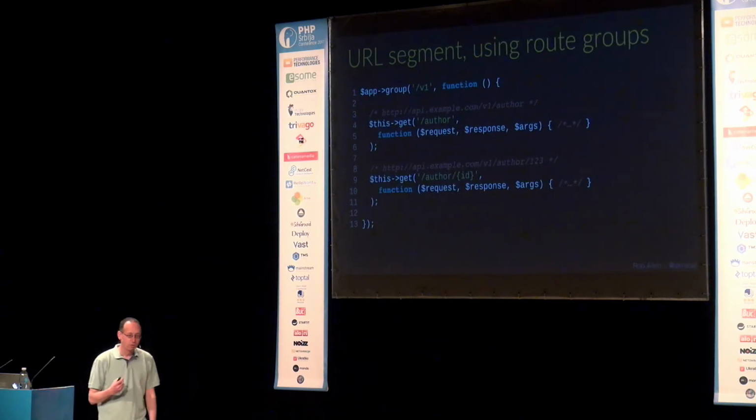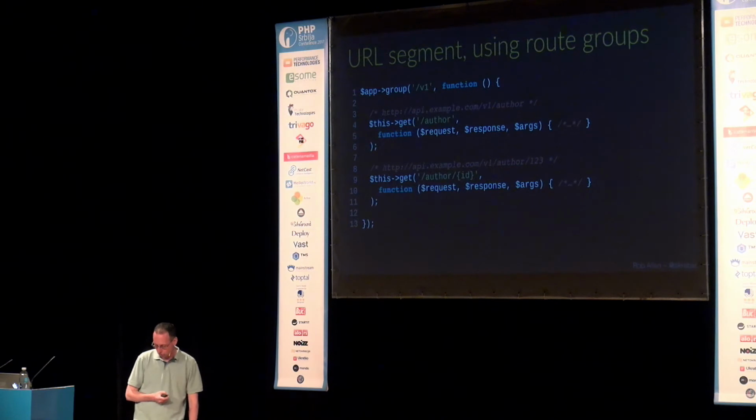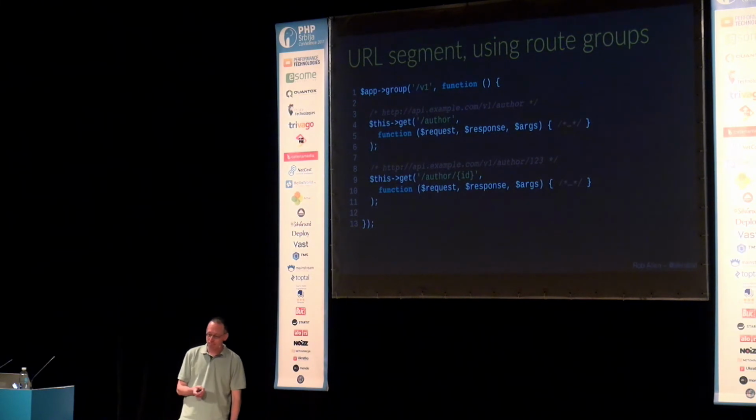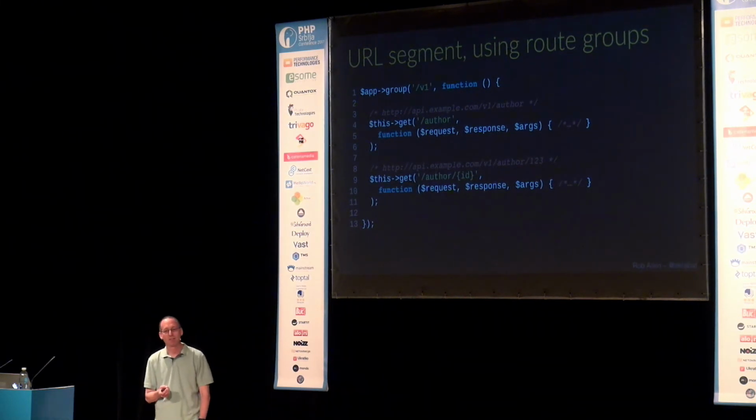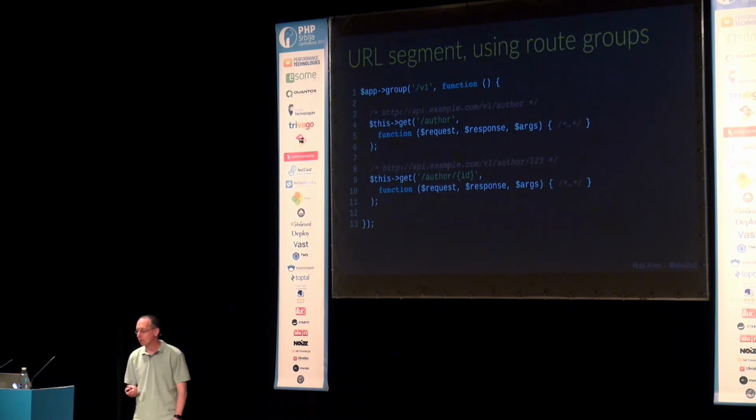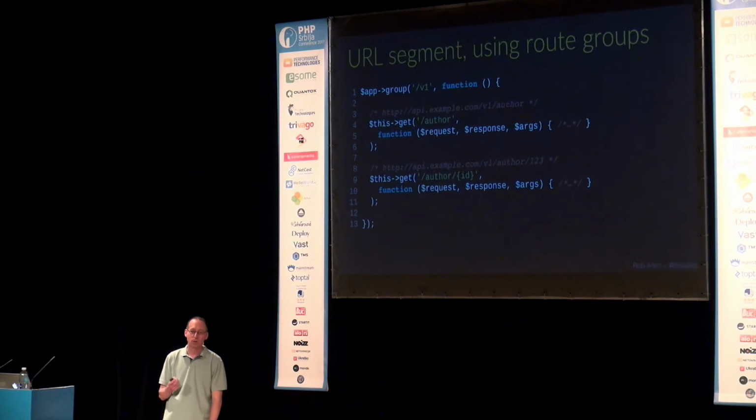If you're going to use the URL for your version numbers, then the easiest way to do that in Slim is to create a group. You wrap all the routes and actions you've created in a group and put /v1 in there. What the group does is prepend the URI of the group to all the other URIs.